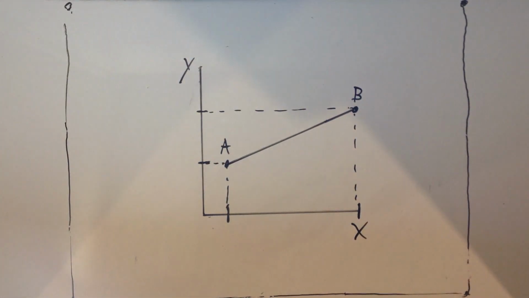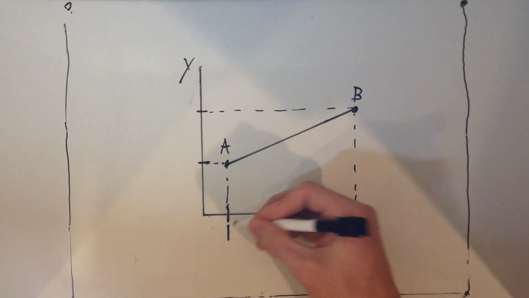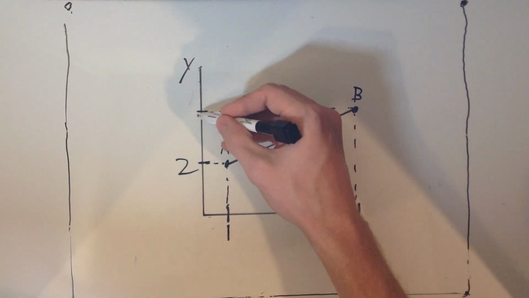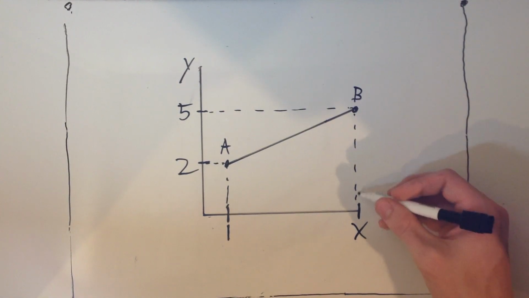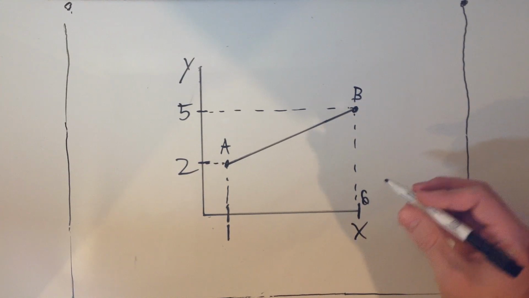And so now, to make this an example problem, we just have to add some numbers. So let's call this point on our x 1, this point our y 2, we'll call this 5, and this one here for our b, we'll call that 6.